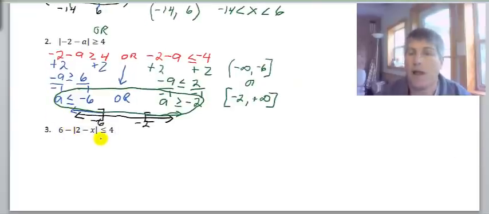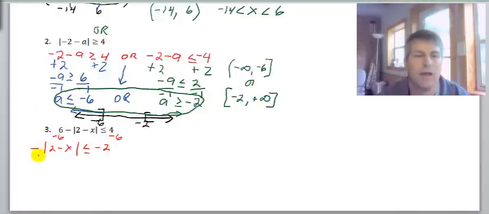Finally, we have a problem here where we do have to strip things away in sample problem 3. So let's strip everything away from the absolute value bars. We will subtract 6 from both sides. And we will get the opposite of the absolute value of 2 minus x is less than or equal to negative 2.